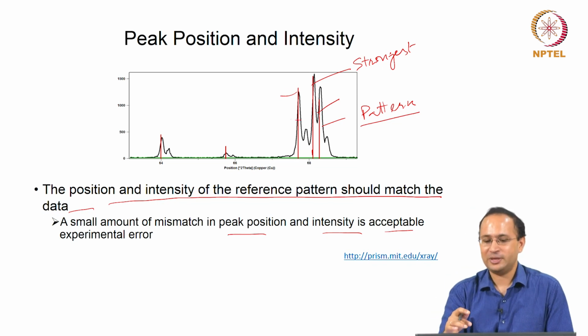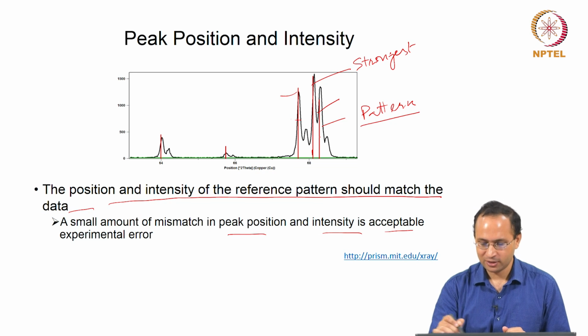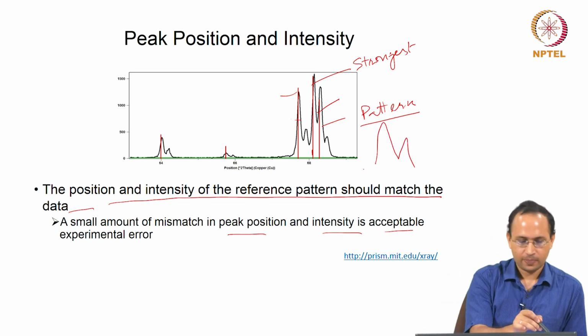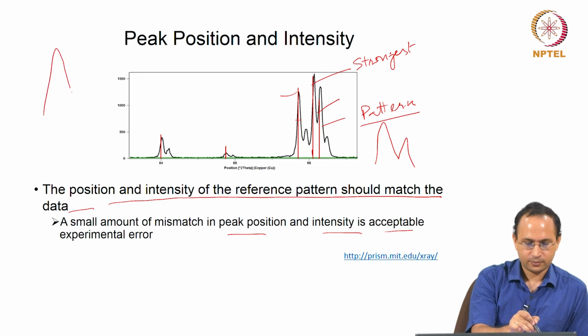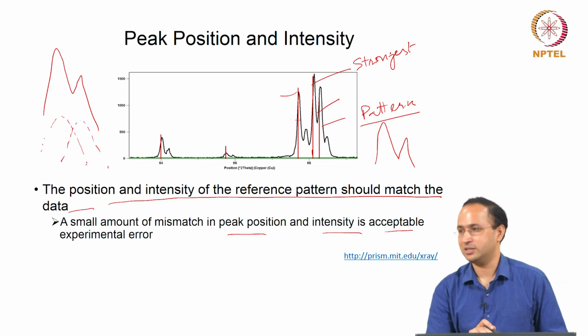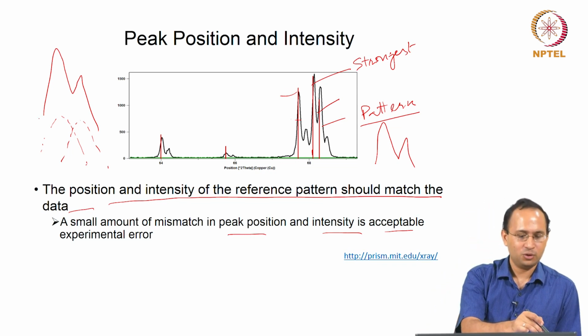That is what we do when we do profile fitting, where suppose this is a mixture of two, so you basically have a contribution from each. If I have to draw it, there could be two peaks, something like this, right. It is a superposition. It is not that straightforward, I am just giving you an example, right.